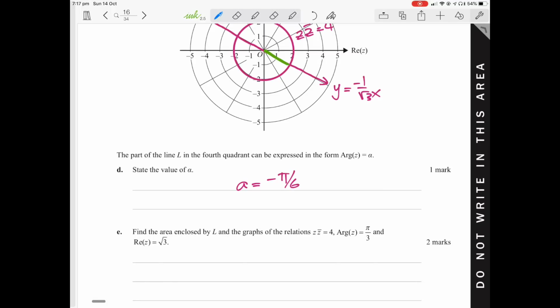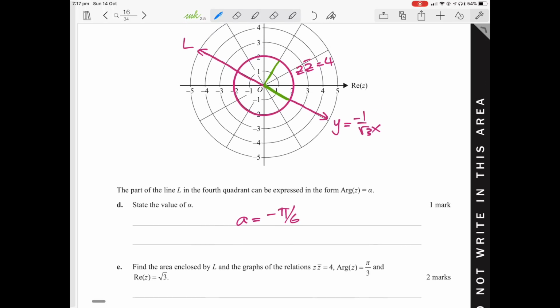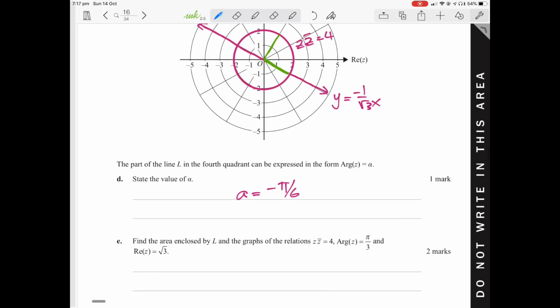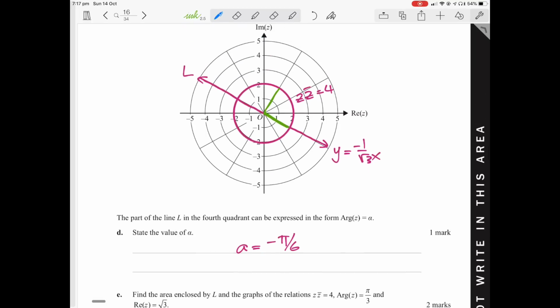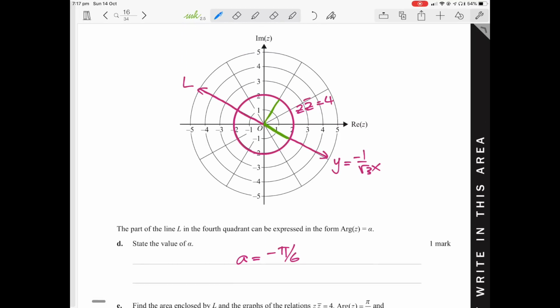Arg z equals pi on 3. That's pi on 6, so pi on 3 is there. And z1, the circle, and the real part of z equals root 3. So that's root 3, and then that as well.